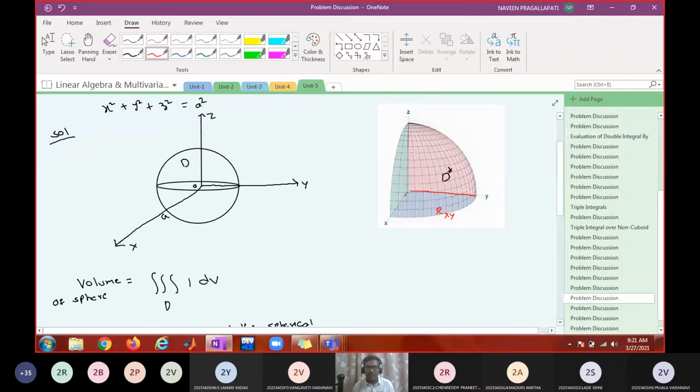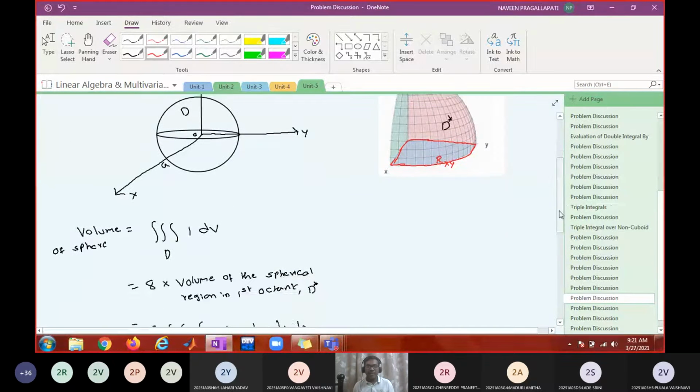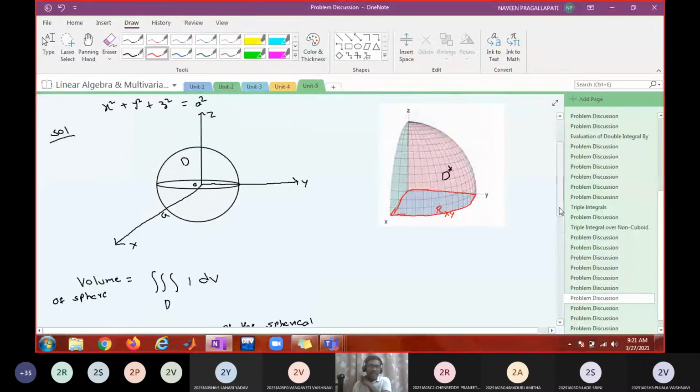This part. Is that okay? Which is nothing but 1/4 of the circular region. The entire projection will be a circular region, and this will be 1/4 of the projection.